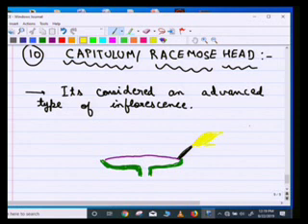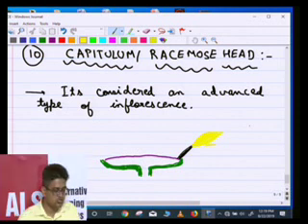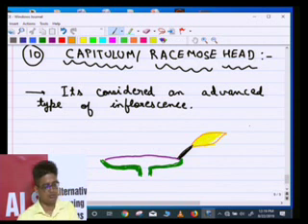Here, this thing represents an individual flower. This unit is actually a unit called a flower.